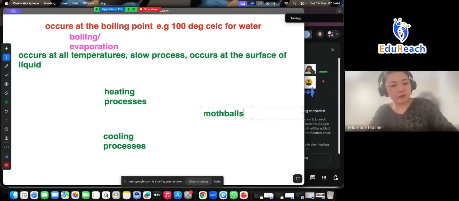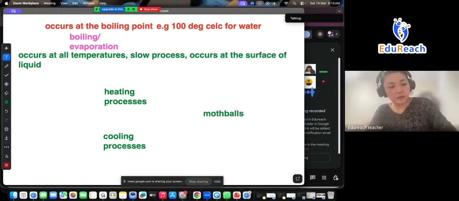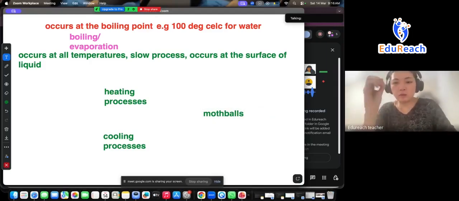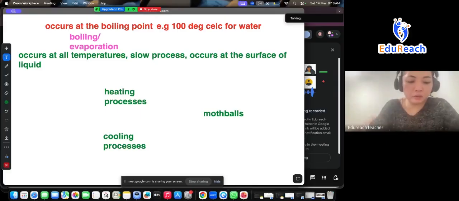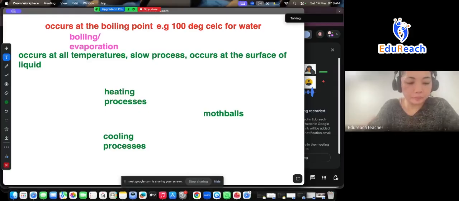I think I've asked this before, but has anyone seen a mothball? They look like white and pink and green little balls, and they kind of look like candy. Anyone seen it before? No?